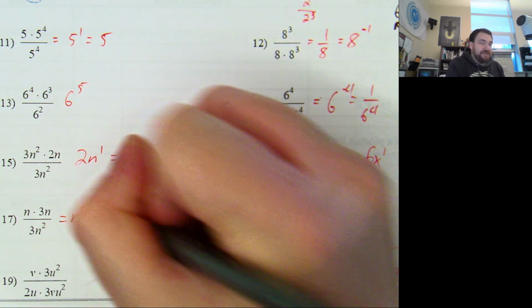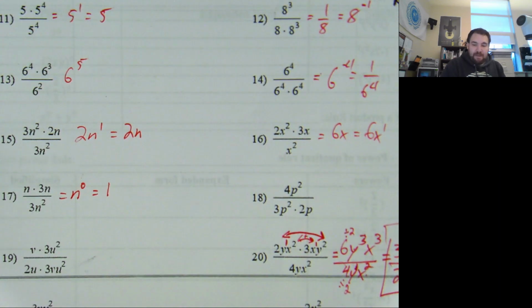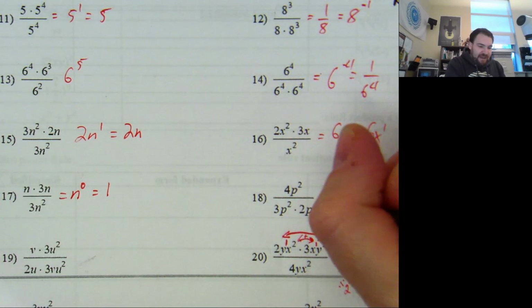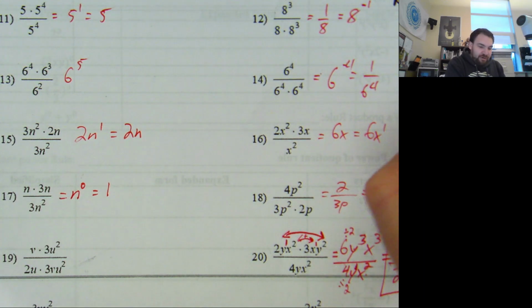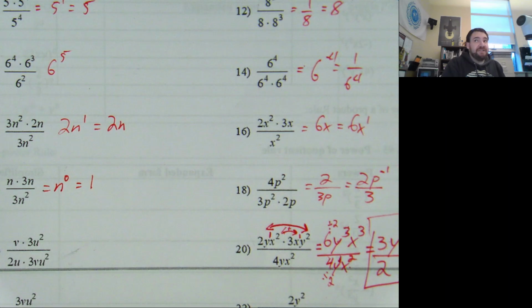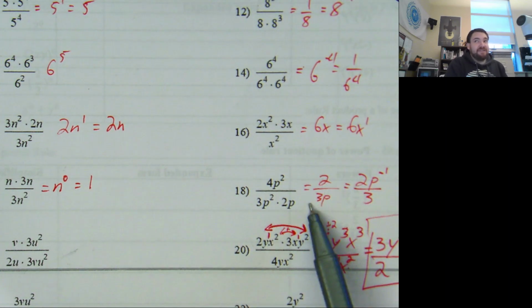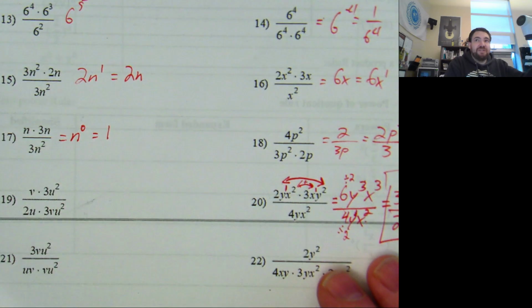I saw some of you leave this as 1 yesterday. Also great. 18 you could leave as 2 over 3p, or 2p to the negative 1 up top and 3 in the denominator. At this stage, both are acceptable. I saw some of you do this one yesterday. I saw some of you do that one yesterday. I know, Jordan, you want to see number 19.